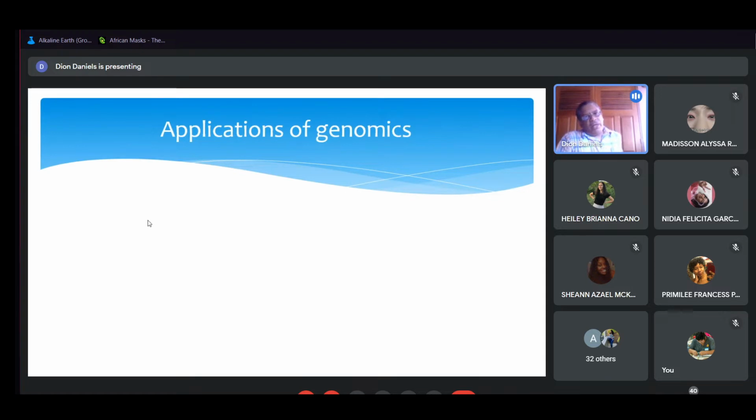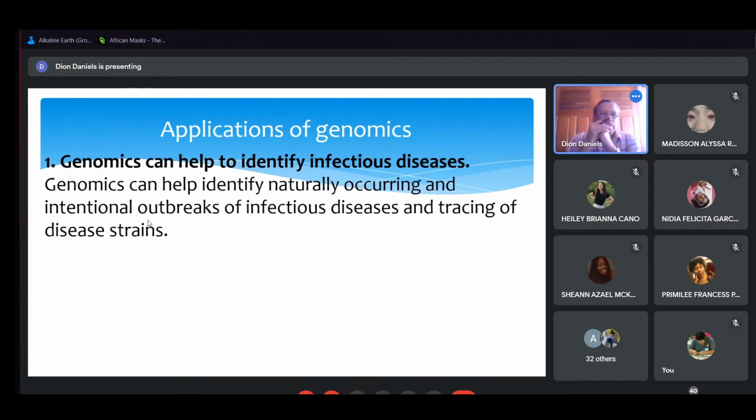So what are the applications of genomics? Why study the entire genome of an organism? Genomics can help to identify infectious diseases. Genomics can help identify naturally occurring and intentional outbreaks of infectious diseases and tracing of disease strains.